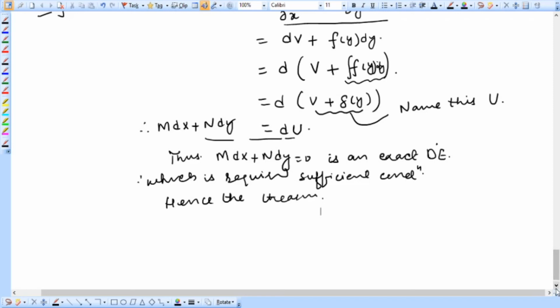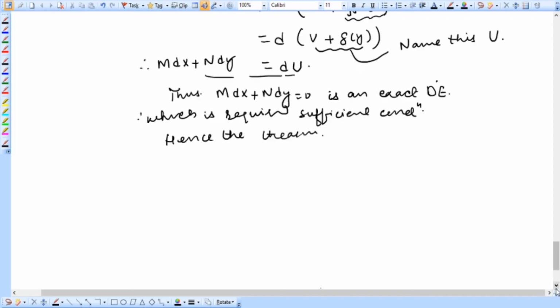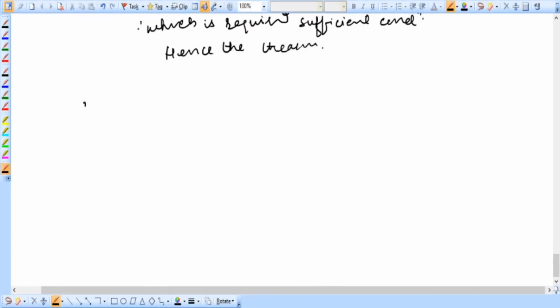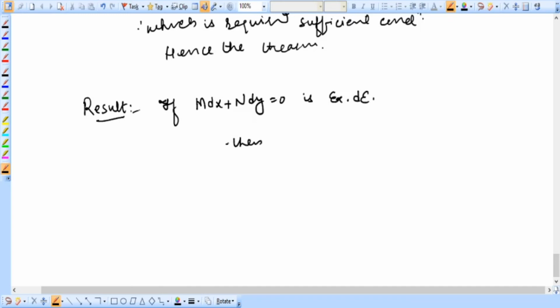And one result on exact differential equations, in short, in simple words: if m dx plus n dy equal to 0 is an exact differential equation, then curly m by curly y must be equal to curly n by curly x. This result we will be using again and again in the coming lectures. So I just want you to keep this result in your mind.